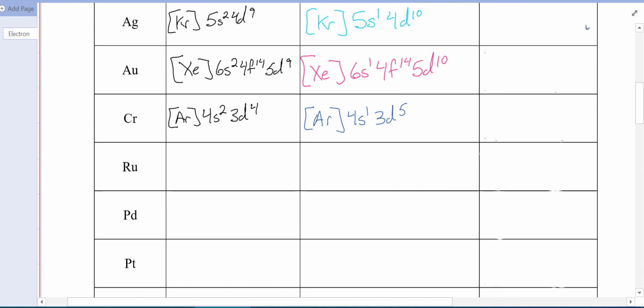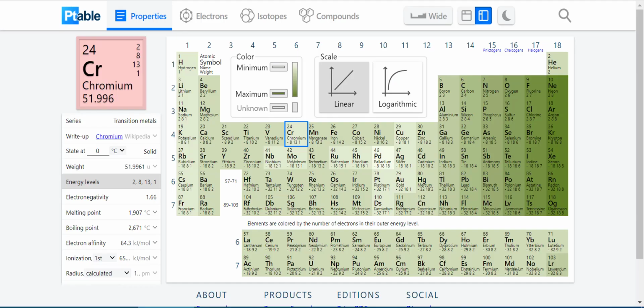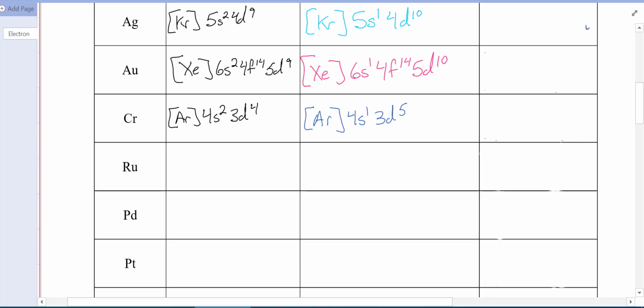Ruthenium. Well, where is ruthenium at? Let's look. Ruthenium is right here. And so we're using krypton 5s. So we expect krypton 5s2 4d.